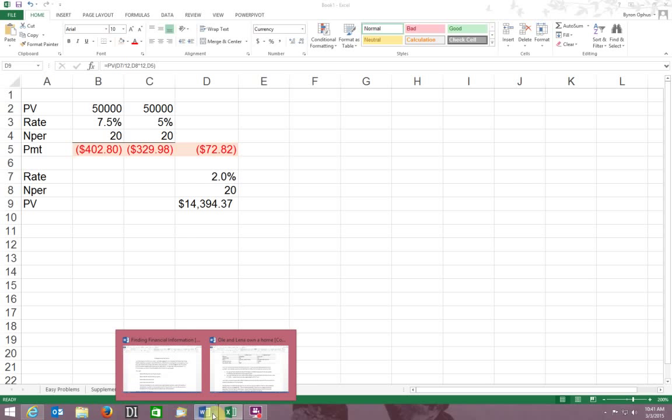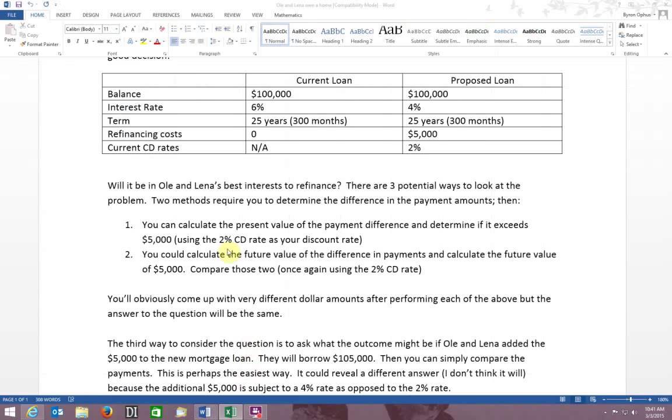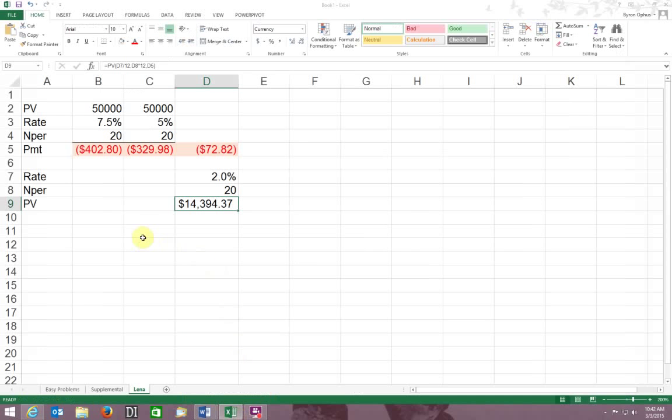I could put that $5,000 into an account and earn 2%. So really I'm either earning the 2% on a monthly basis where I make a monthly contribution, or I've got a $5,000 present value that I'm going to invest for 20 years at 2%. So I've got some of the numbers here, the rate and my number of periods.